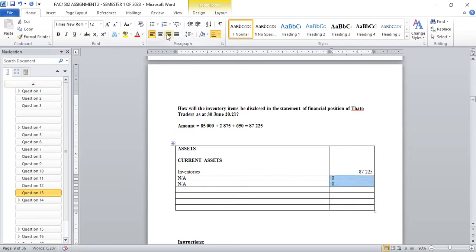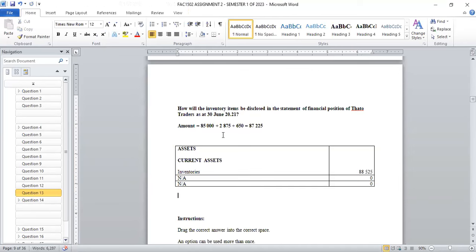Because we don't show those things separately, we show them in total combined. 88525. Thank you. 88525. So the other spaces you put NA and 0. Remember that if there's nothing that is applicable, where you are supposed to have a written explanation, you put NA. And where you are supposed to put an amount, you put 0. If there's nothing that has to be recorded.